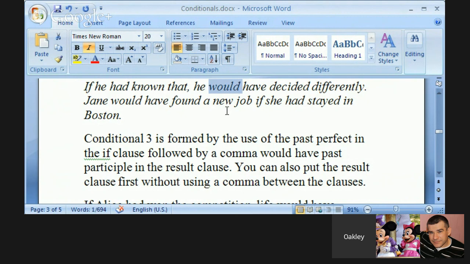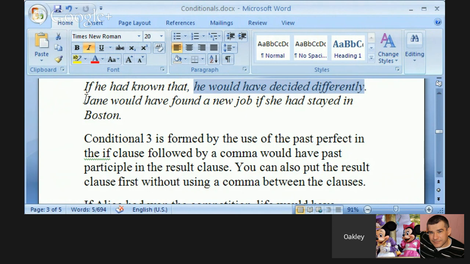Okay, possibly would. Perfectly normal to do that because you're talking about hypotheticals, and possibly, probably, likely are all adverbs which discuss hypothetical probability. So he would have decided differently. Okay.